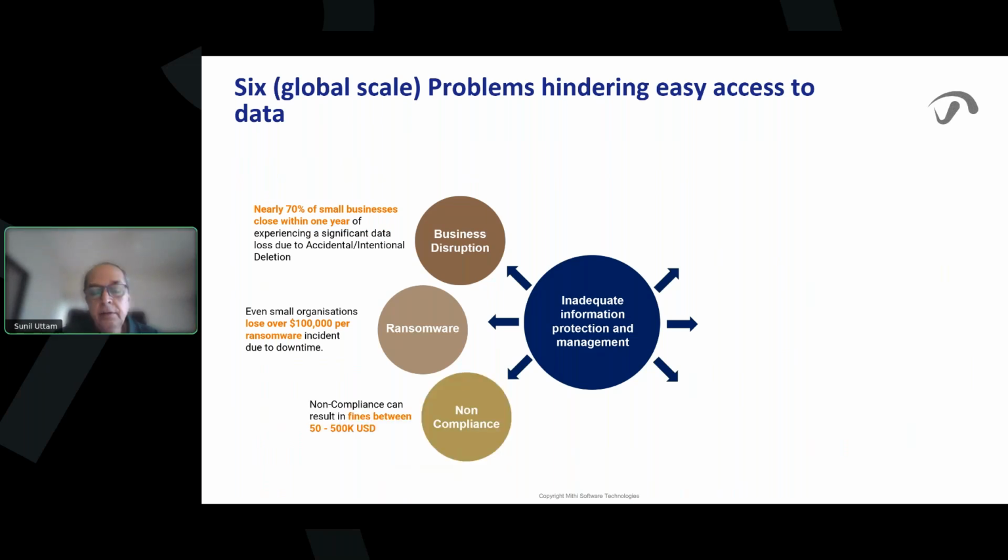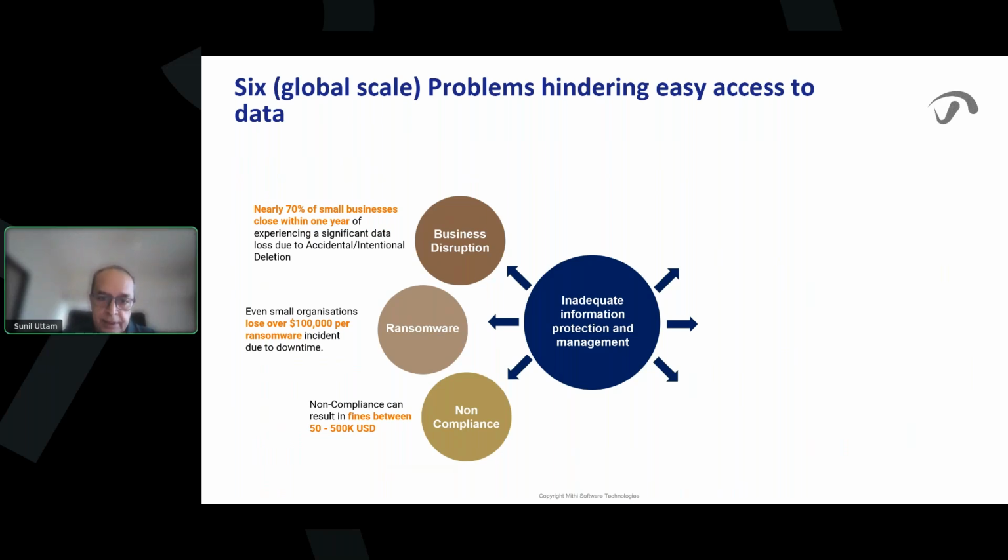Non-compliance. These are pertaining to organizations who cannot keep up with the compliance requirements of regulators or laws, right? If you go to any of the regulated entities, check their compliance requirements or the regulations which have to drive their data governance. It's huge. The list is huge, right?